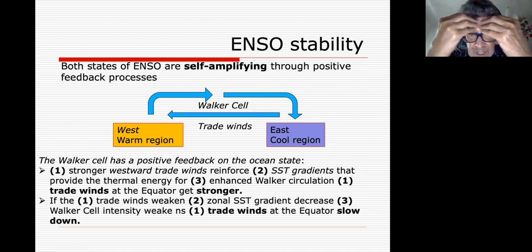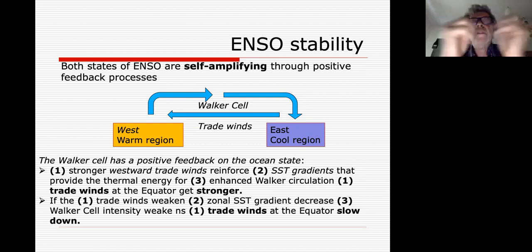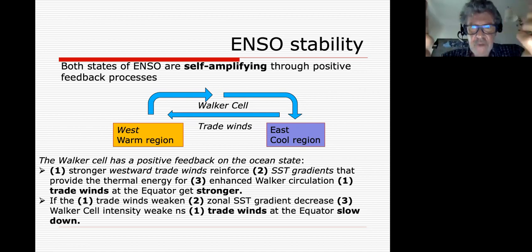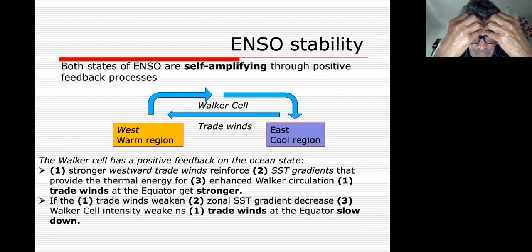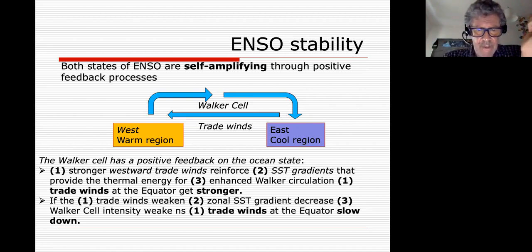Let's examine in detail how the Walker cell contributes to sustain and to amplify the El Niño phenomenon.